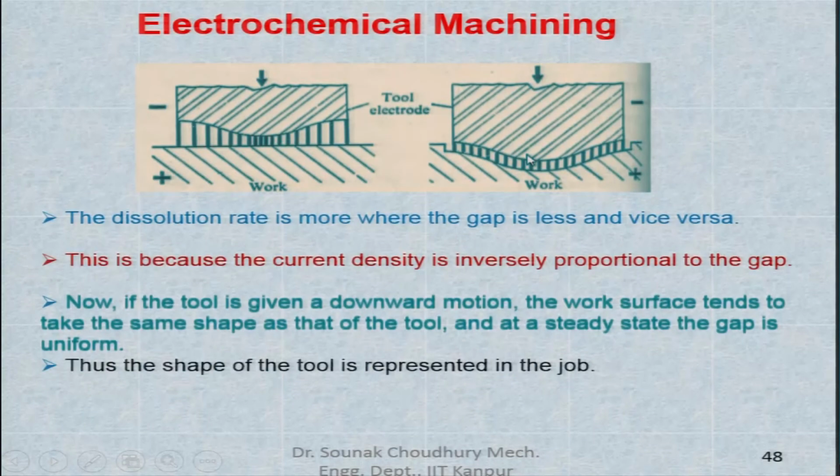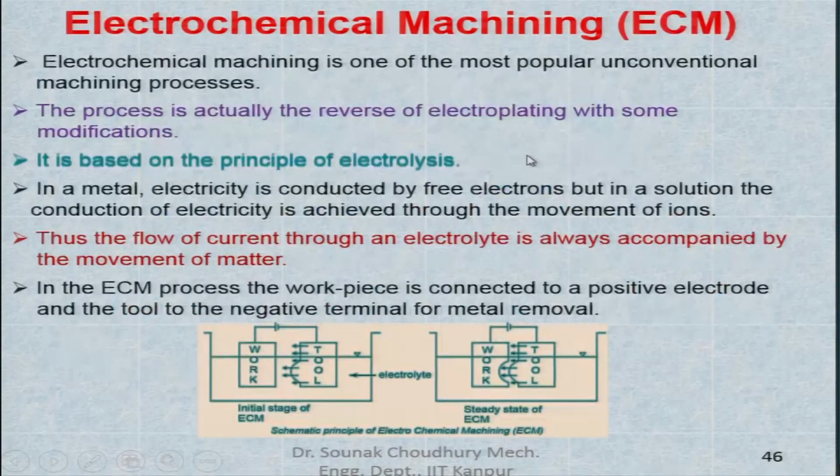So, let us identify this. For example, here we will say that the work is the ferrous material, and the work is the anode. This tool is the cathode, of some material. We will come to that because it is immaterial for the tool.